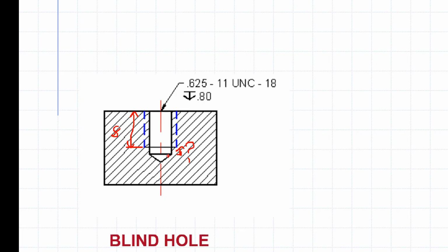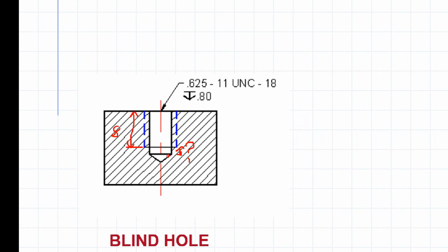I'm specifying that I need 0.65-11 threads, 0.8 deep. The machinist who is actually making that part knows what kind of tap he has, and he knows how far he needs to drill that primary hole to get those threads down that deep. So that's on him, right? I don't need to specify how deep that is.